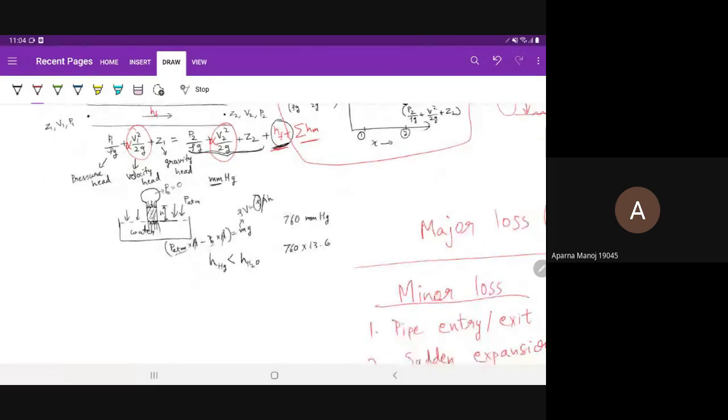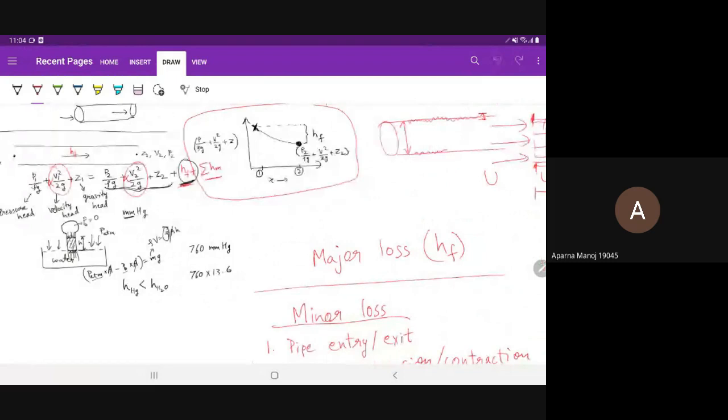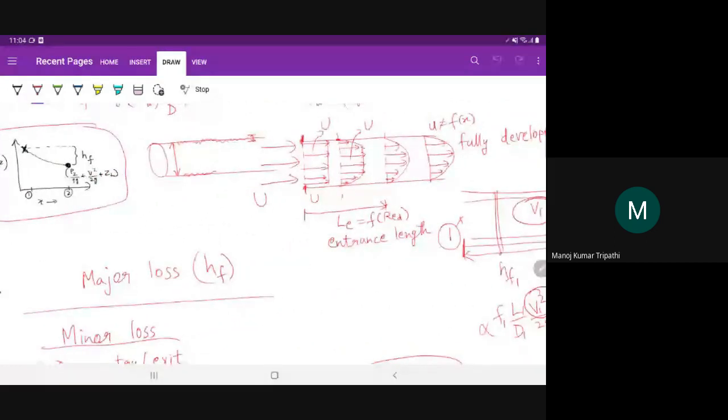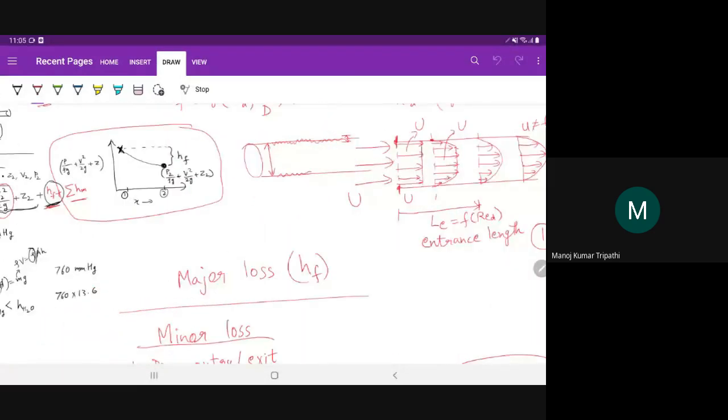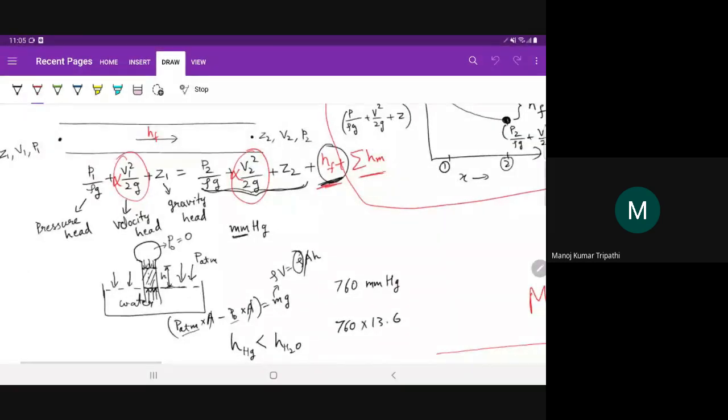We also said that because our velocity profile is not uniform throughout the pipe, it is a paraboloid, or parabolic in case of two parallel flat plates, therefore, we need to write some correction factor here, which is this alpha that we have written.